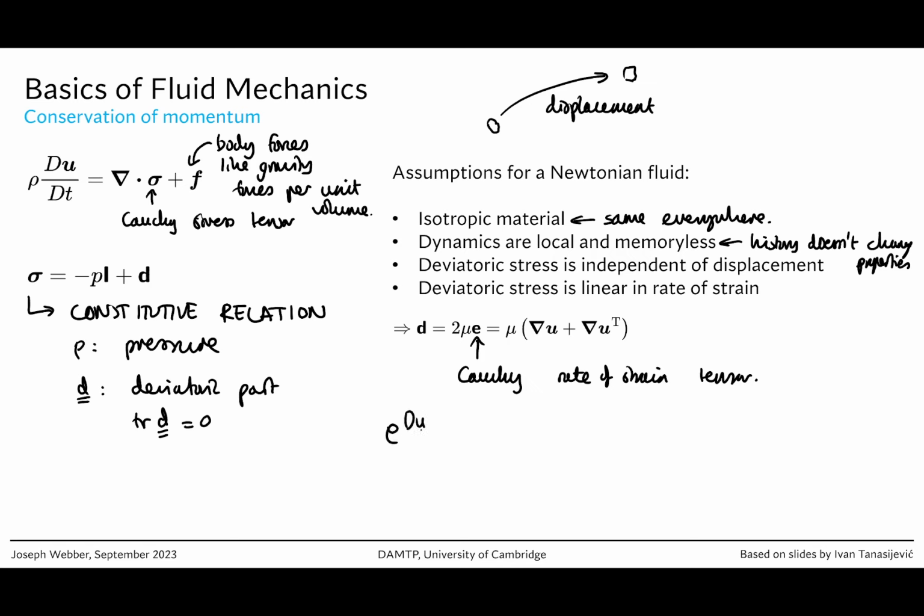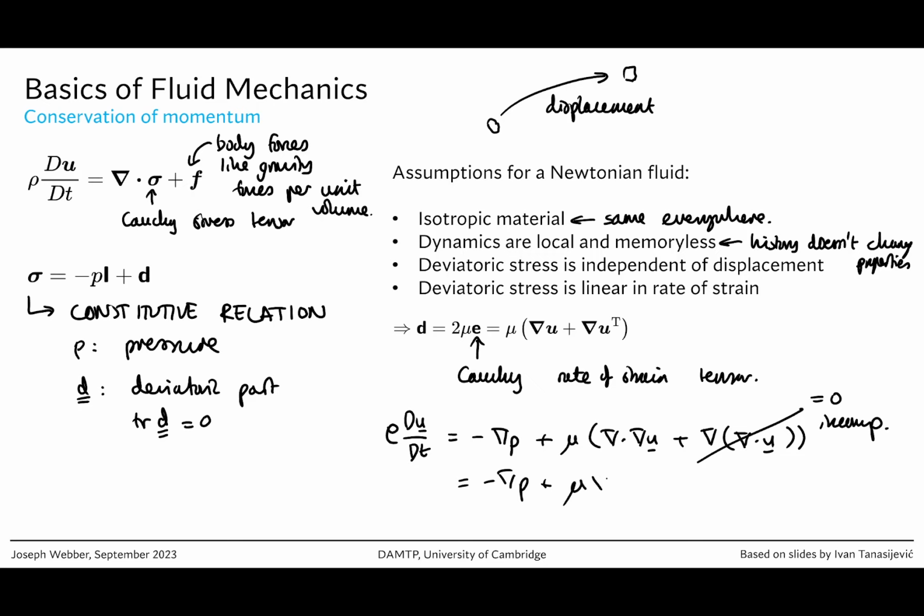So rho Du by Dt is equal to, well, the pressure term comes out to be minus grad P if we take div sigma, and div D is just going to be mu times div of (grad u plus grad u transpose), which gives mu times the Laplacian of u plus grad of div u. The div u term is 0 when we're dealing with incompressible flows, and the other is just the Laplacian. And here we have the familiar Navier-Stokes equation.